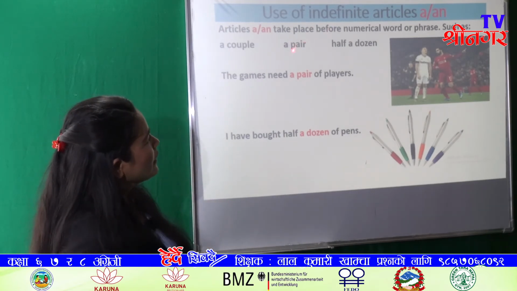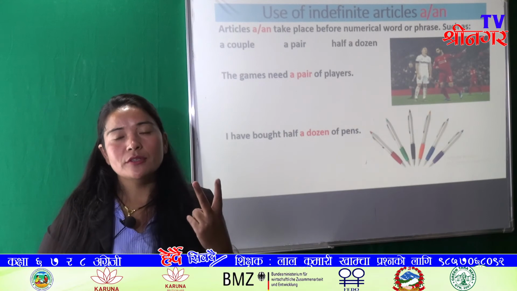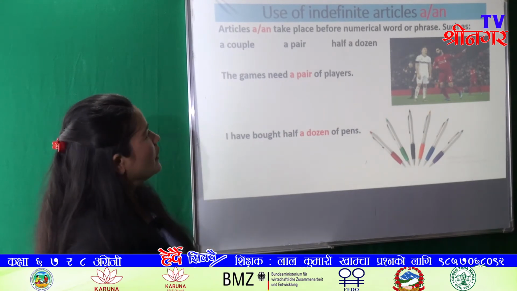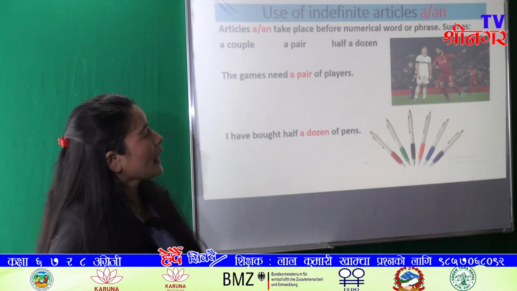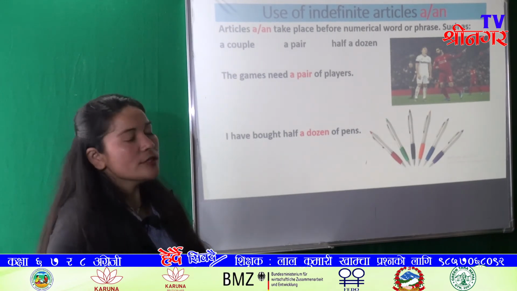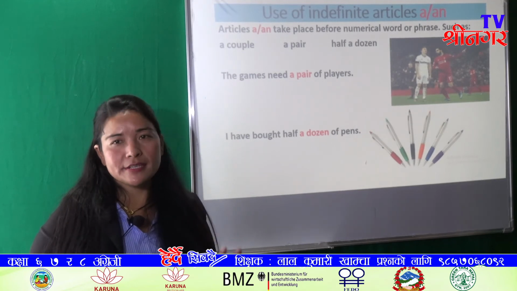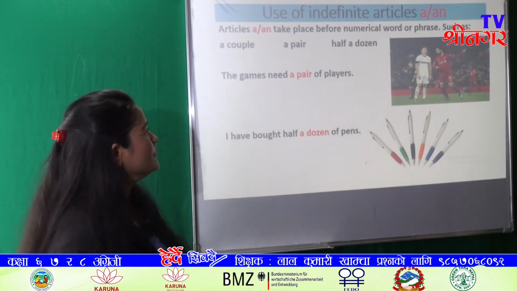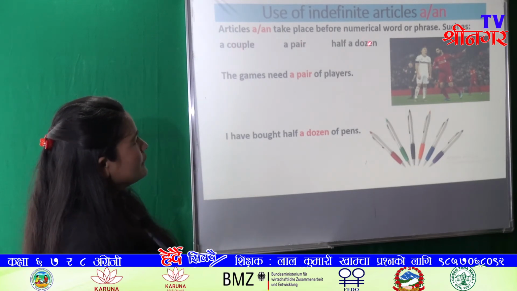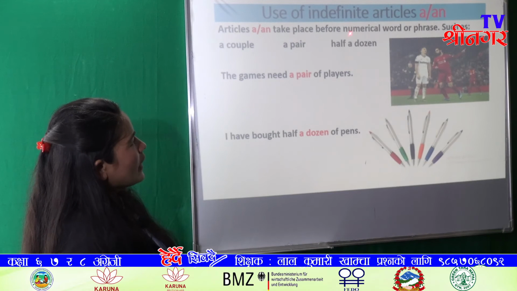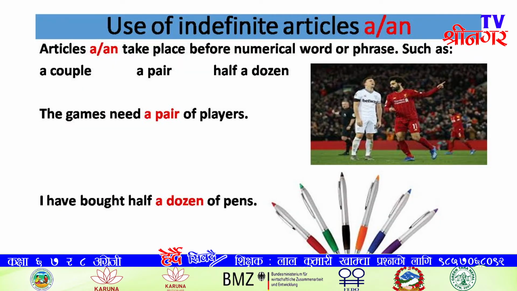Okay, a pair, pair also indicates two. And half a dozen, this half a dozen is one phrase, and it indicates 6. So these words couple, pair, half a dozen are numerical words. Okay, and before a numerical word or phrase, we can use article a or an.